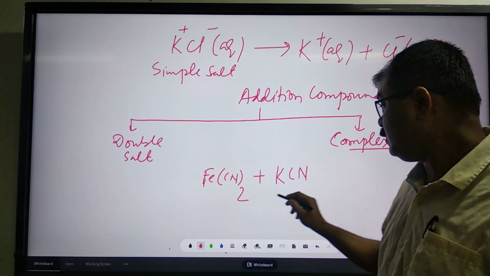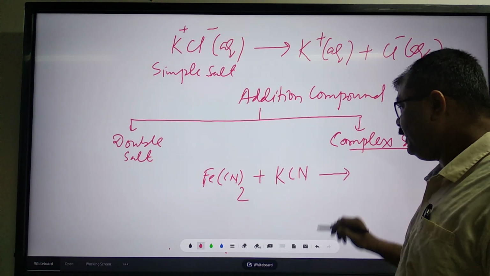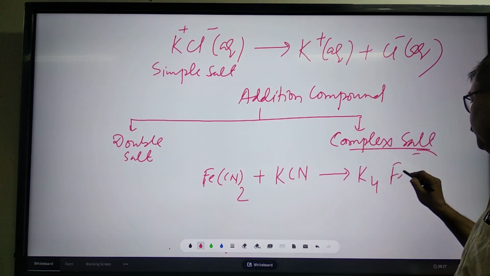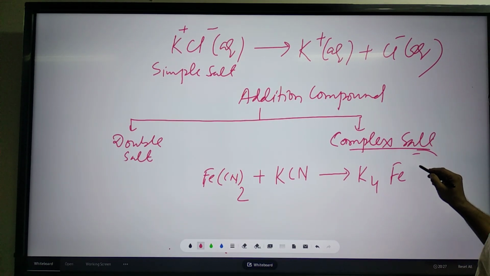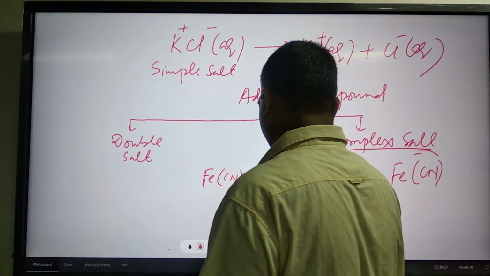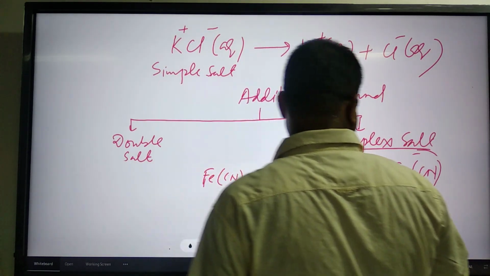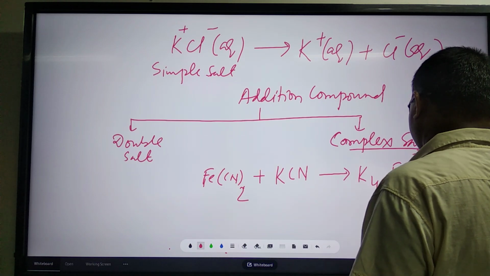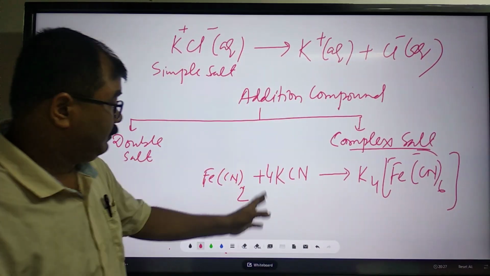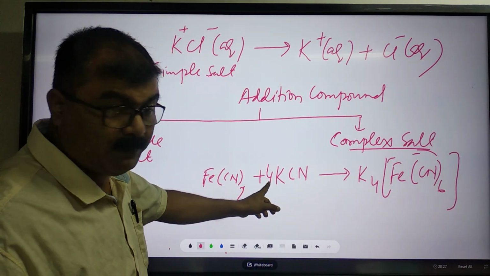When these two stable salt will be mixed, then we will get a compound, K4[Fe(CN)6]. See, for balancing I am putting here this 4.